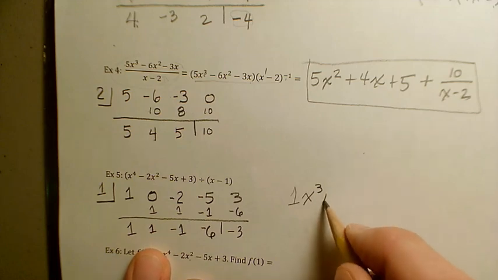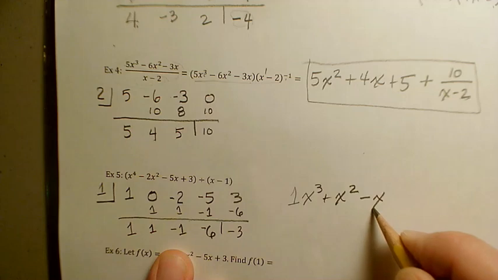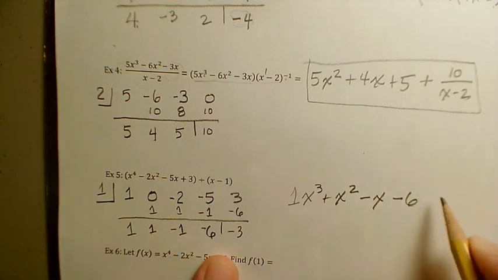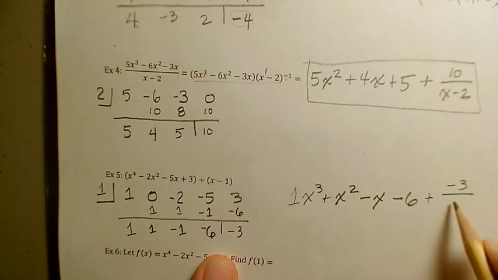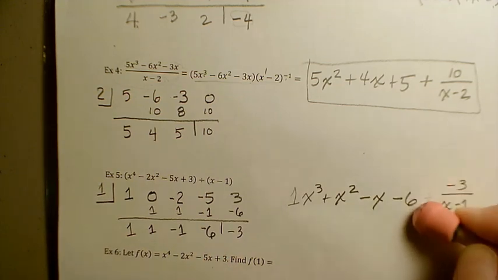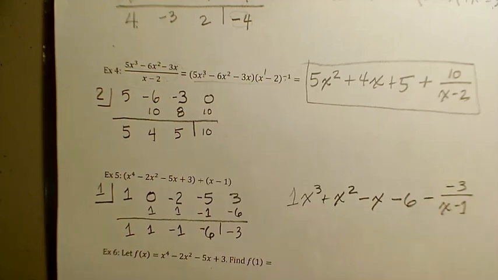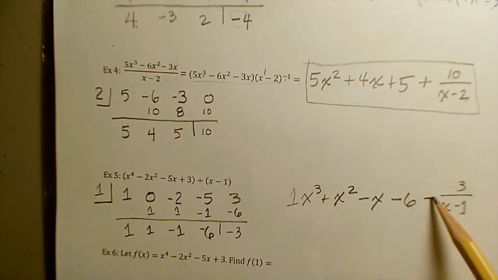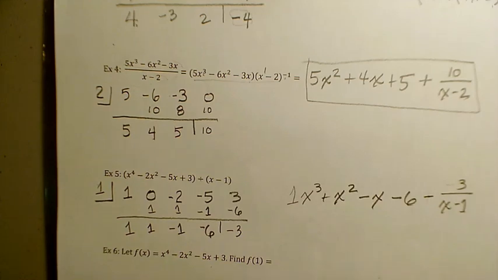Either way you want to do it: x cubed plus x squared minus x minus 6, and then plus -3 divided by x minus 1. Or we could write this as minus a +3 over x minus 1, right? So either way, you plus a -3 over this, or minus the fraction. Either way you want to do it. Okay.